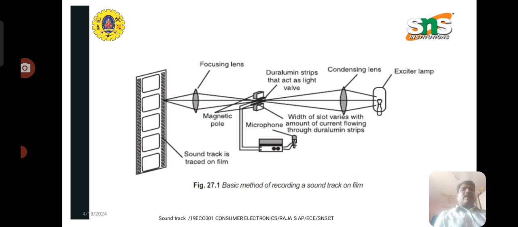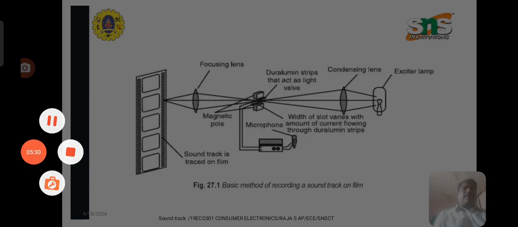Once the audio signal and the video signal are combined into one signal, this can be given to a condensing lens for further modification and focusing of the input signal. The exciter lamp is the medium where it converts the photoelectric video signal into an analog formatted signal, where the magnetic pole is the medium that converts the analog signal into a storage form of digital signal.